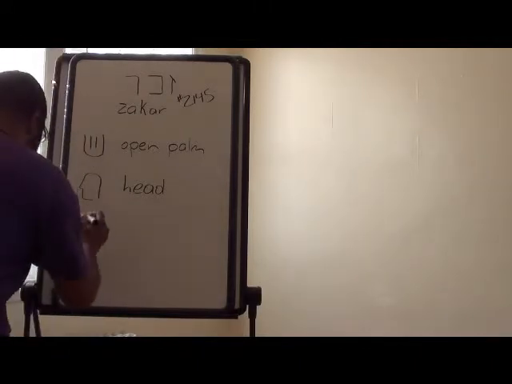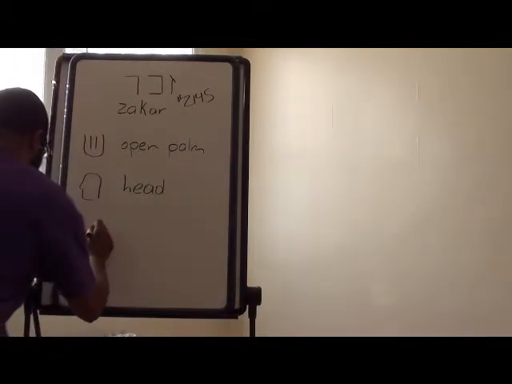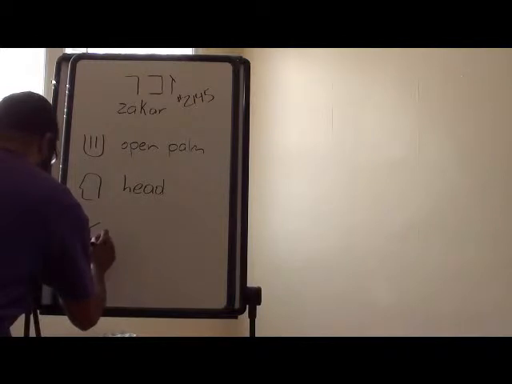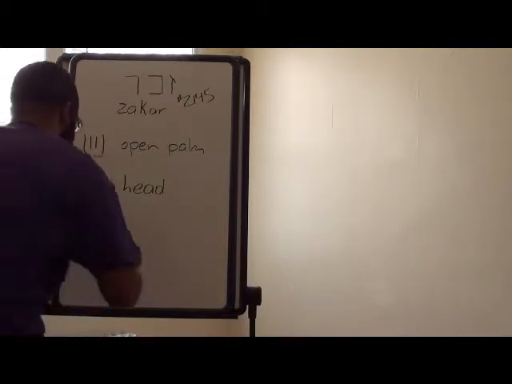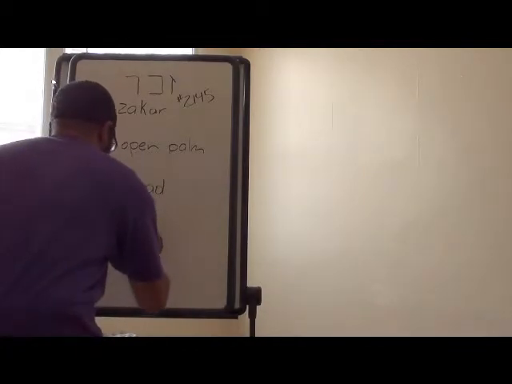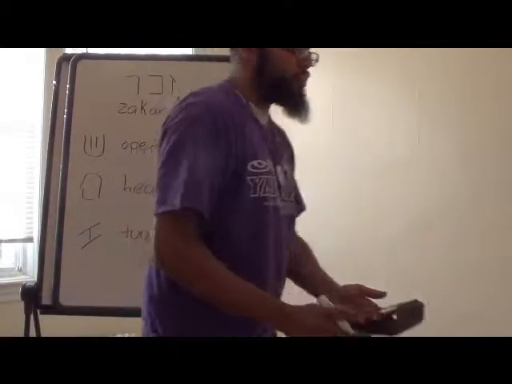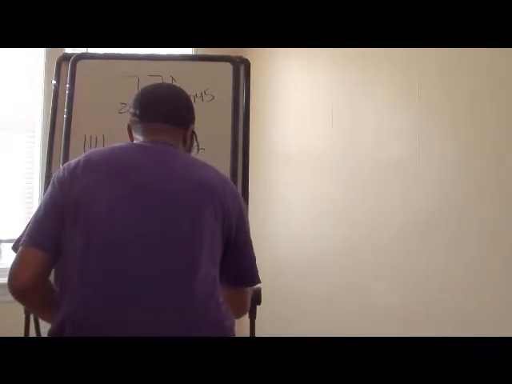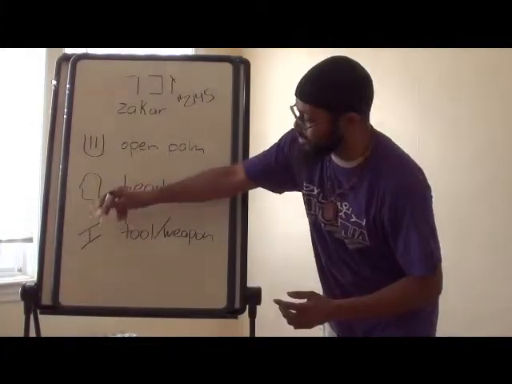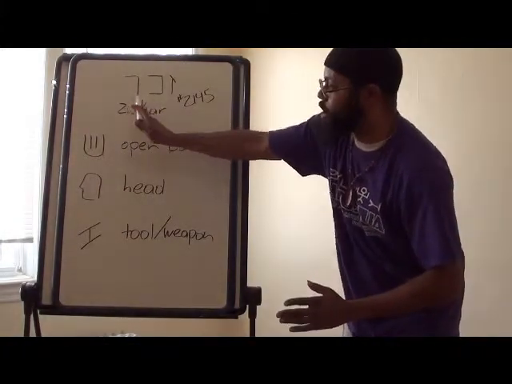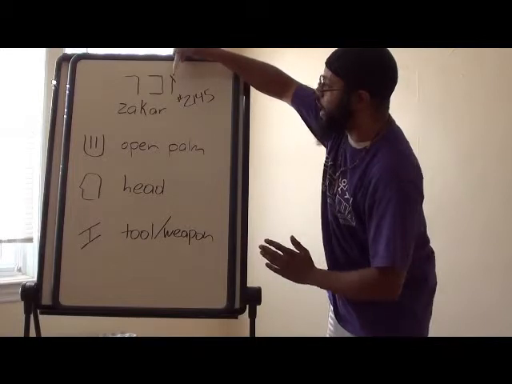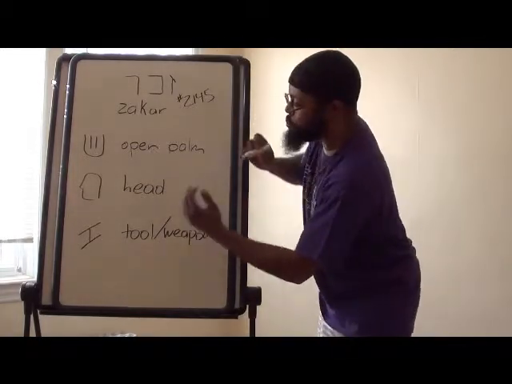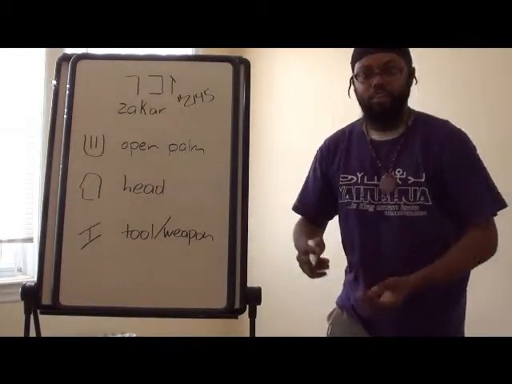So the zayin would be something like this. Okay? And this was a tool. Now, I say a tool which could also serve to be a weapon. Okay? But the presence of the zayin in the term zakar only serves as what was being used to make the mark, so to speak, so as to remember.